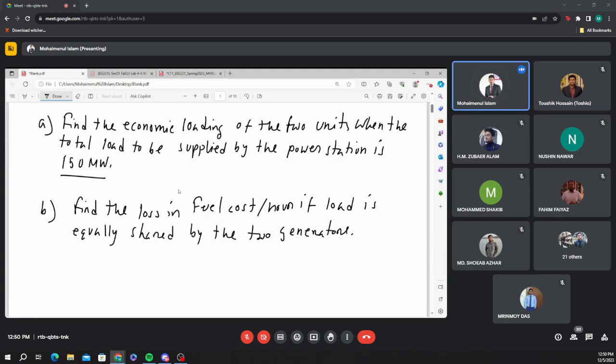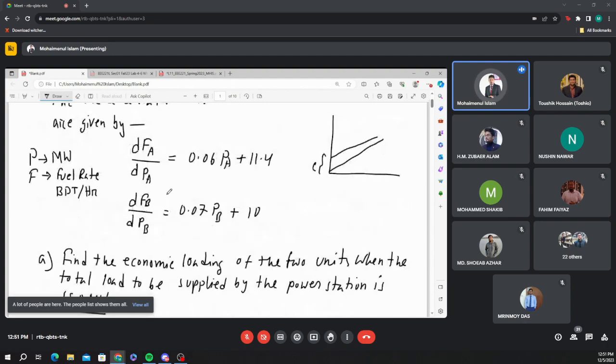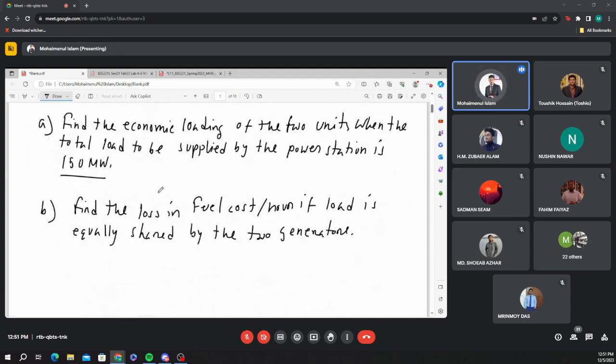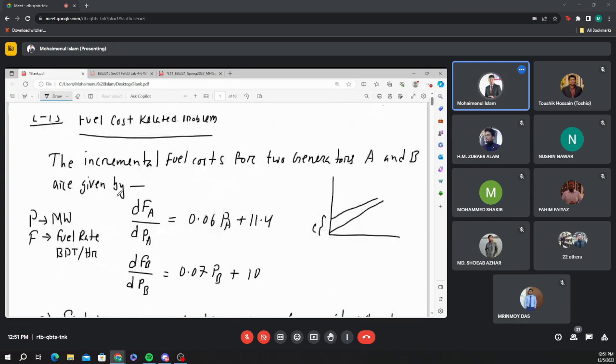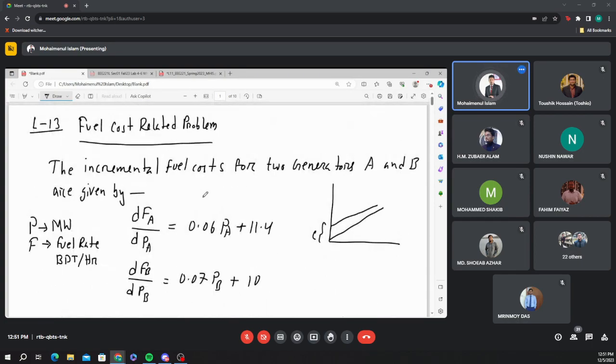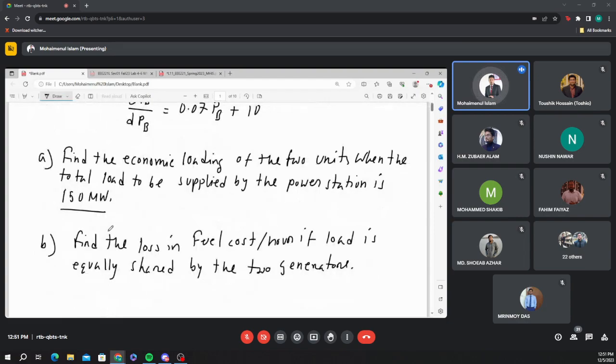What about the difference between those fuel costs? So that we need to calculate. That is the main question. The question may have different scenarios or cases you need to practice, like A and B sharing the 150 megawatt load.